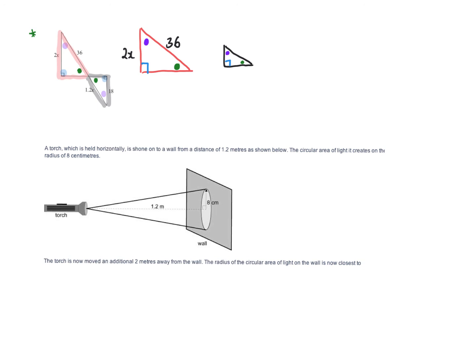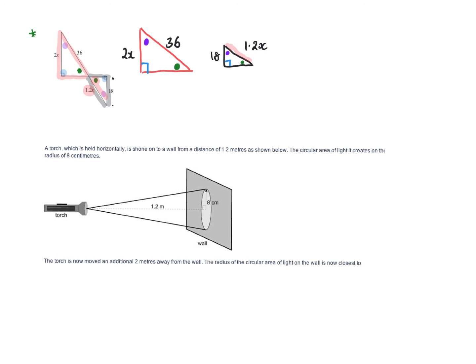Between the green and the purple is 1.2x. Like I said 6, sorry. And between the right angle and the purple dot is 18.